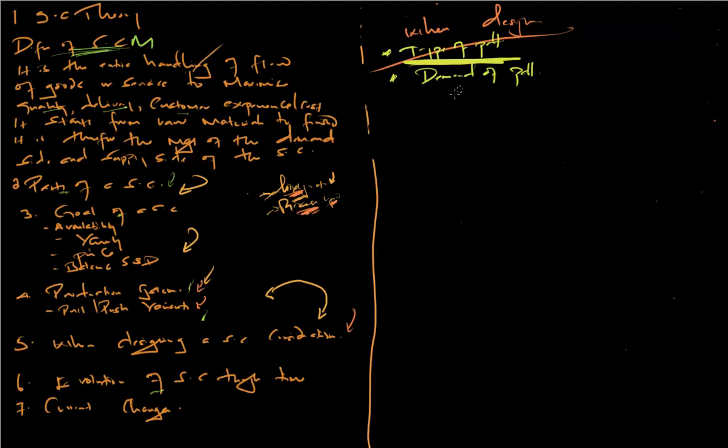The second is the demand of the product. So under the type, we are just trying to answer this question.